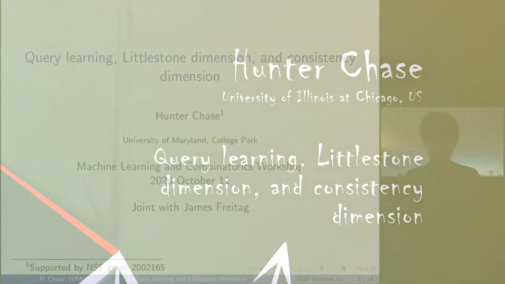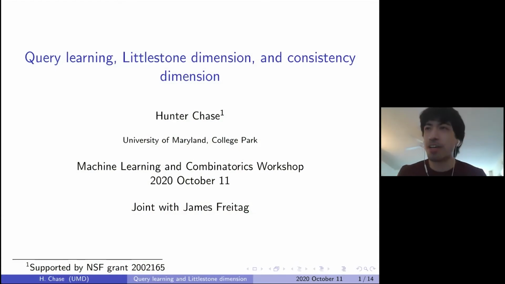So I just want to give a brief disclaimer that by trade I'm a logician, in particular a model theorist, and I sort of fell into this field by accident, because a lot of the combinatorial quantities that appear in machine learning are also very important in model theory.